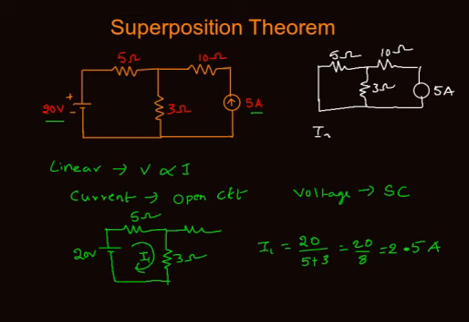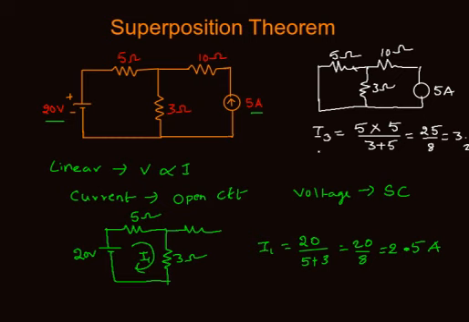I3 is equal to the total current into the opposite resistance, 5 ohms, divided by the total resistance, 3 plus 5. That is 25 by 8, which is around 3.125.